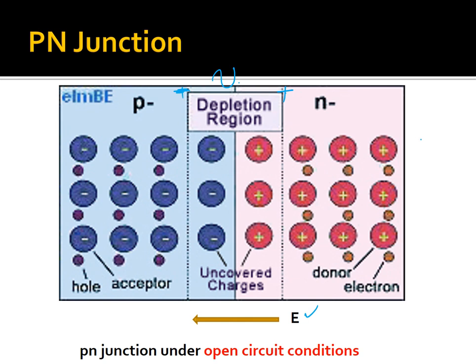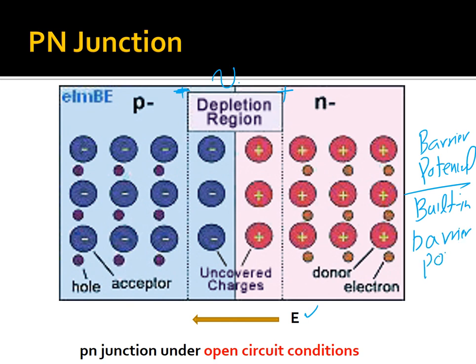We call this barrier potential, or built-in barrier potential, or potential barrier. And we learned that there are two main kinds of semiconductor materials, silicon and germanium.